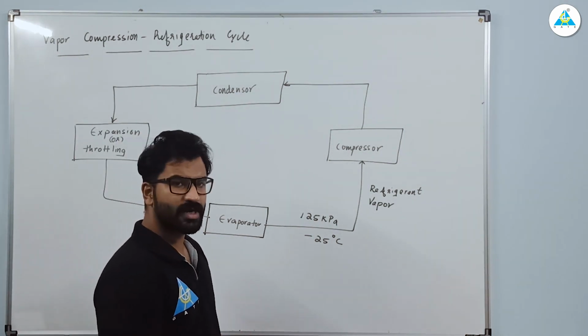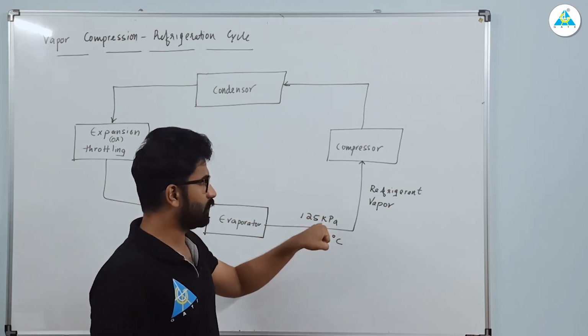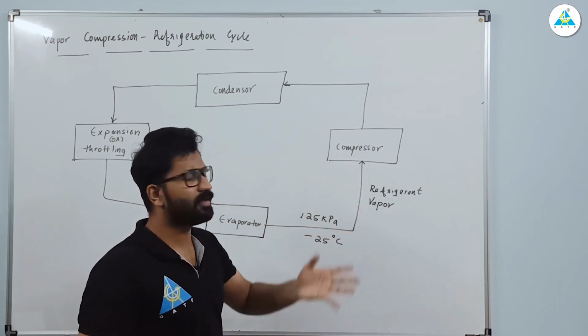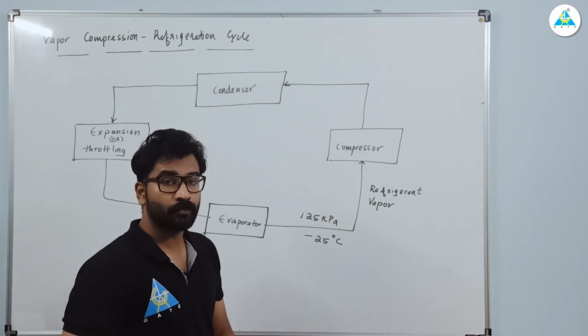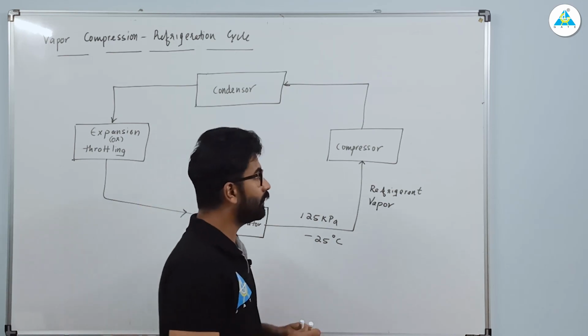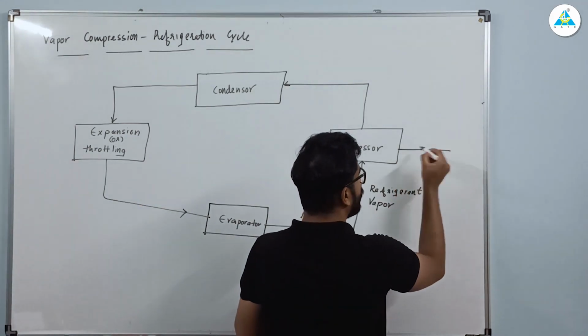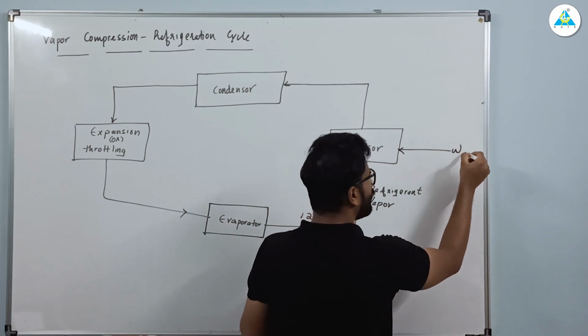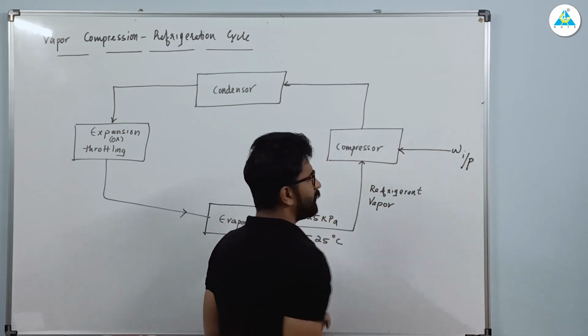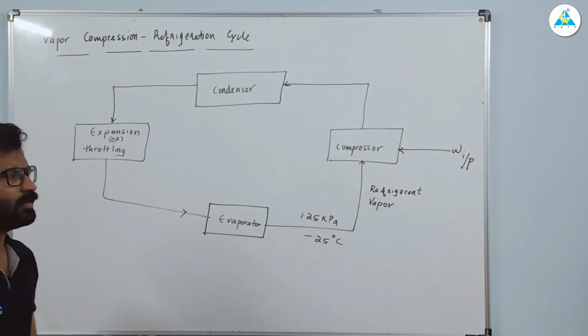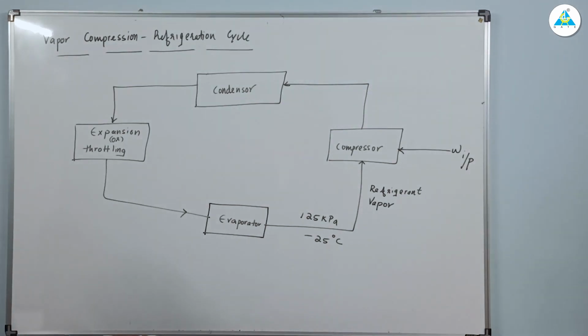Now this is a cool refrigerant vapor entering into the compressor. We can see there is a work input coming in. I will explain it later. First we will complete the diagram. So you can write that there is a work input coming in.